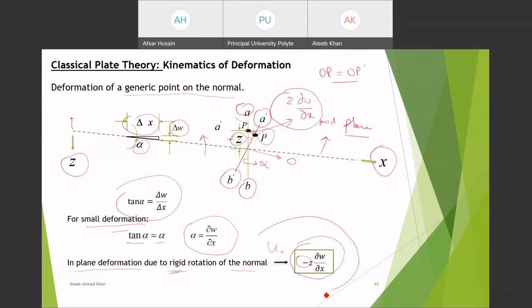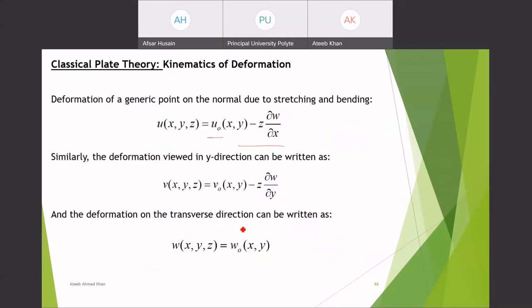The deformation in the X direction will be equal to U naught plus or minus Z del W upon del X, and this minus is coming because this height is in the negative Z direction. In a similar fashion, we can come to the conclusion that the deformation in the Y direction will be equal to V naught minus Z del W upon del Y, where V naught is because of the stretching and Z del W upon del Y is because of the bending.